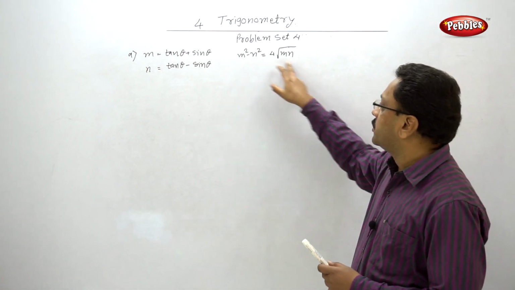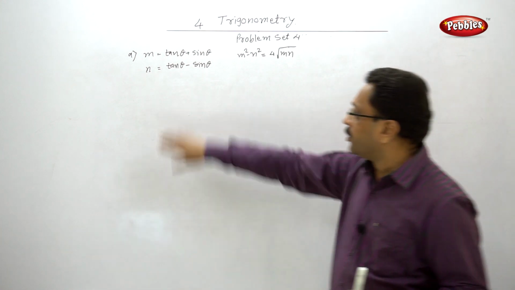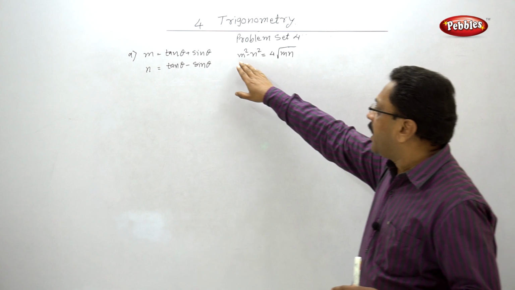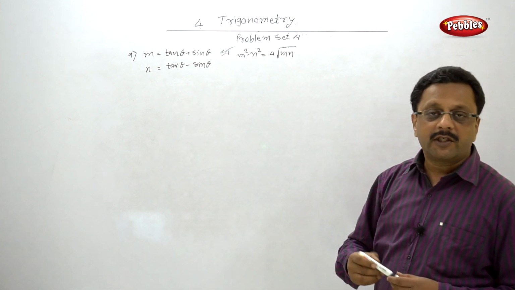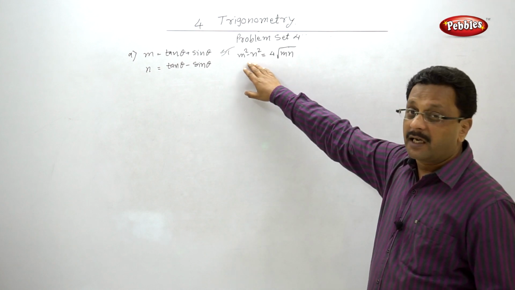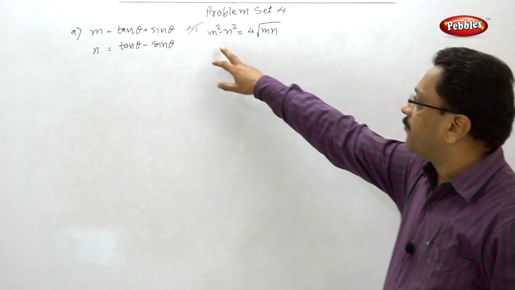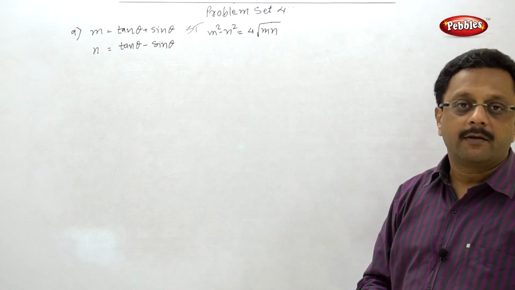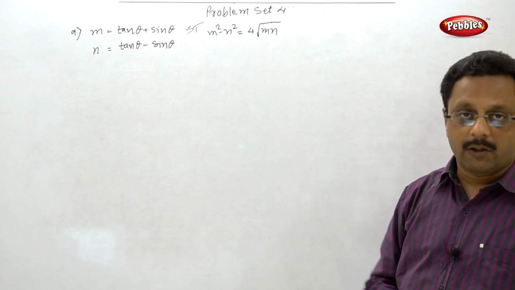Now you have to show this. You cannot start with the left hand side and right hand side like that from here. We have to prove this. So we'll start with the left hand side, but coming to the right hand side is very difficult. So we will start with the left hand side separate, right hand side separate, by substituting m and n values, and then we'll show both are equal.